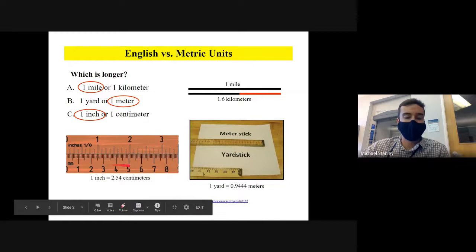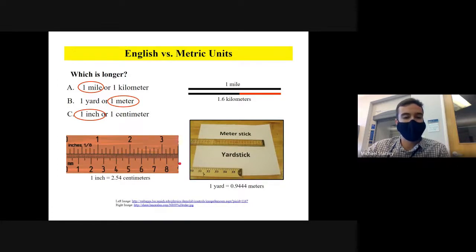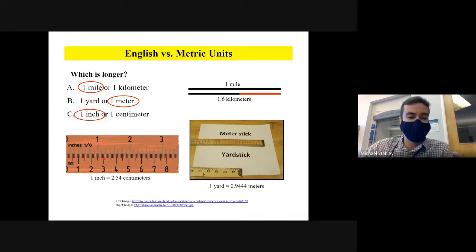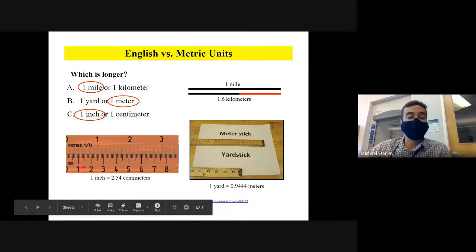So this picture is approximately 9 centimeters long. But the smaller little dashes in here are millimeters. So each centimeter is 10 millimeters. So in between this number 1 and number 2 right here, there's going to be 10 of these little millimeter dashes.